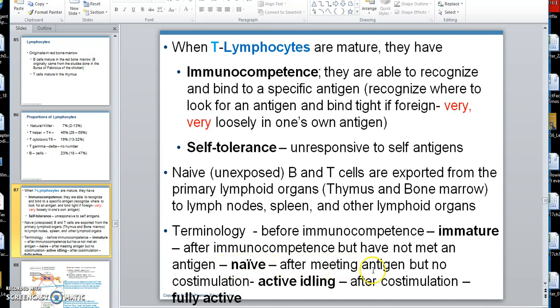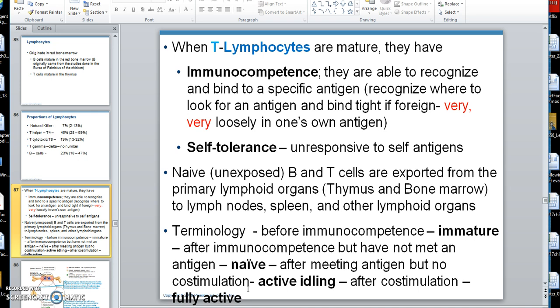After meeting an antigen, but no co-stimulation, we'll talk about that. So in other words, when you meet an antigen that you recognize, you still can't fight it unless you get confirmation from another cell. So you would have the antigen, but you can't fight it. You can hold it, but you can't fight it. So I'm going to call it active idling. And then after co-stimulation, fully active.